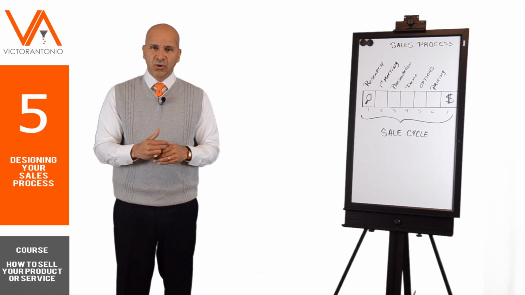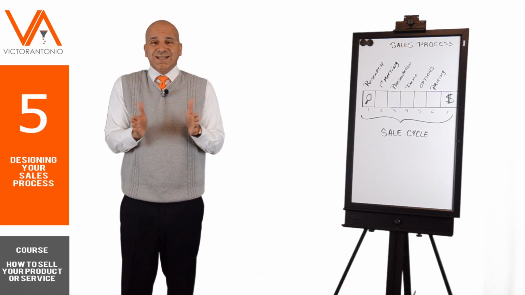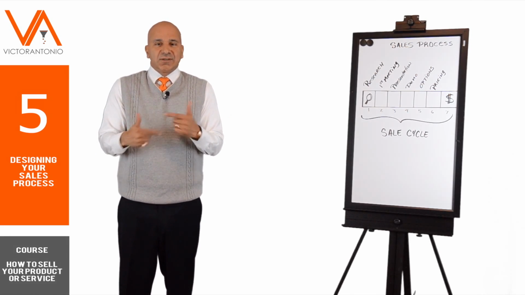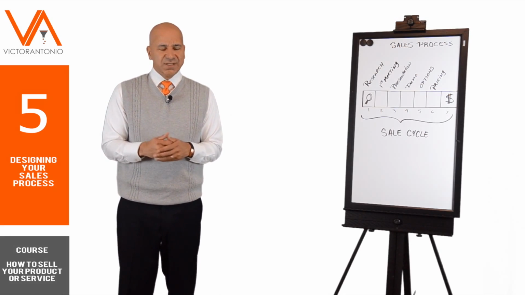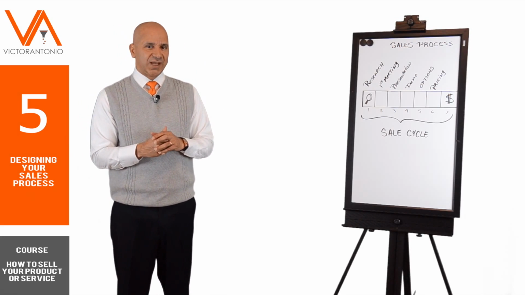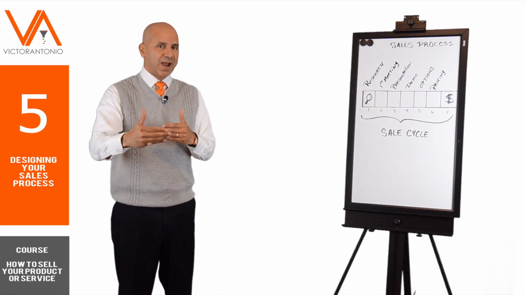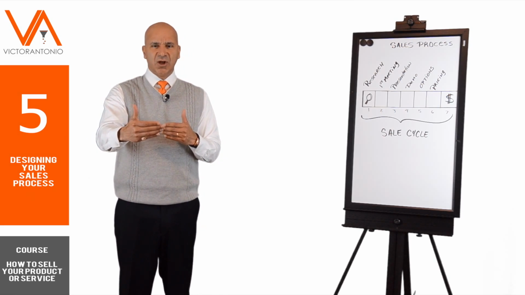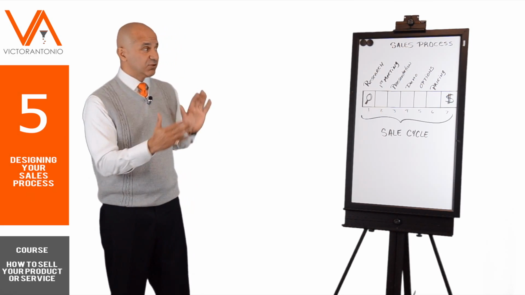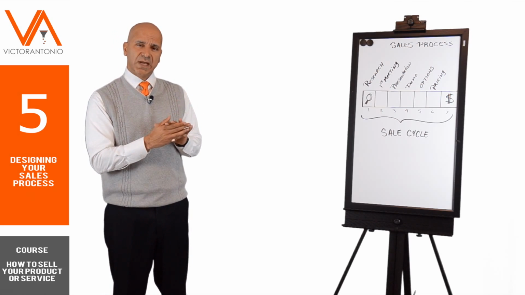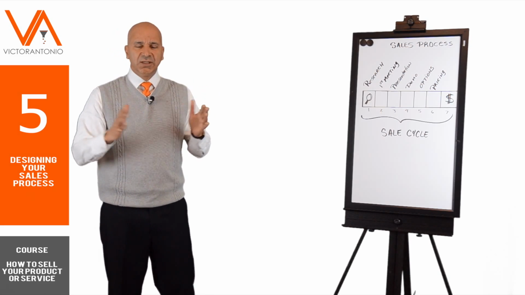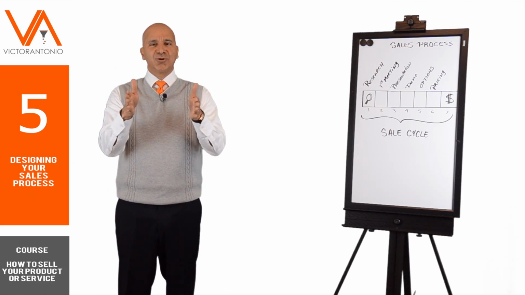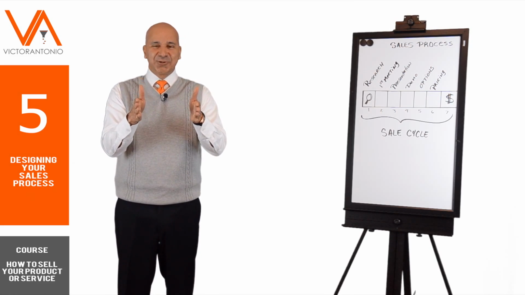And what is our goal? Our goal is to always shorten the sales cycle because that increases the amount of sales we have. So again, having a sales process will give you a roadmap to how to sell. Then you measure your sales cycle and say, well, that's kind of long. How could I shorten it? Maybe you start tweaking your presentation or your process in such a way that the cycle becomes shorter and shorter to the point where it just can't get any shorter, of course.